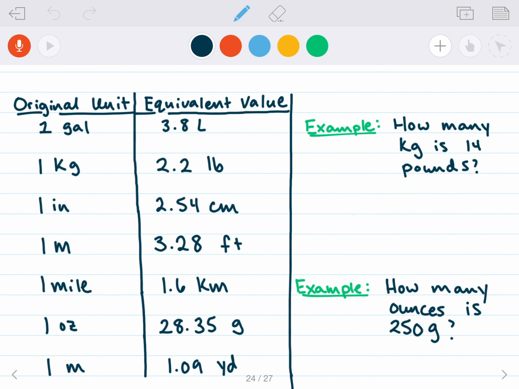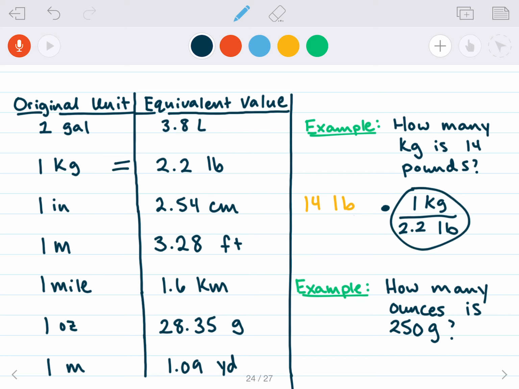It says, how many kilograms are in 14 pounds? Well, again, I'm starting with 14 pounds, and my goal is to get into kilograms, so I need to multiply by something with pounds on the bottom so that these cross-cancel. What's my equivalence with kilograms? I have 1 kilogram is 2.2 pounds, so it follows that we have 1 kilogram over 2.2 pounds, and hopefully you guys are seeing why this is 1.